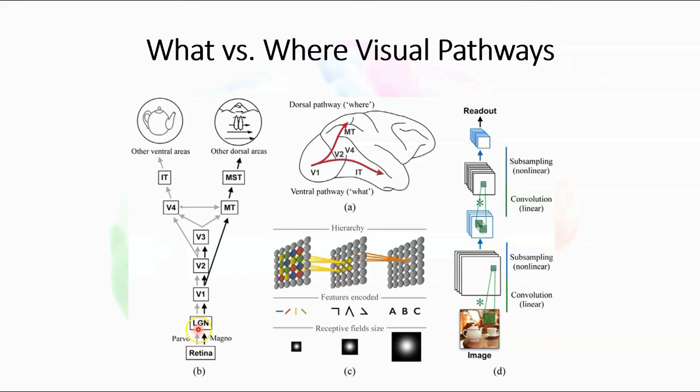While for the dorsal stream, the visual information from LGN goes to V1, V2, V3, and next to middle temporal areas, then is sent to medial superior temporal areas and to the higher cortical areas for further processing.